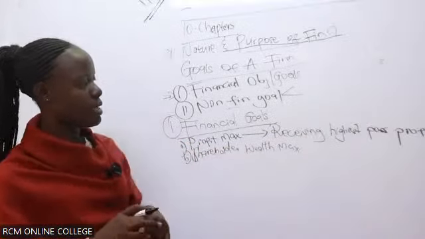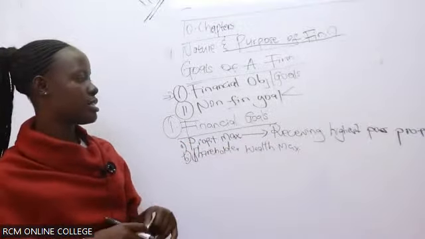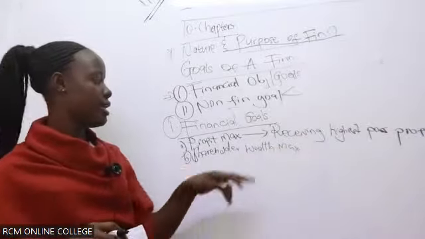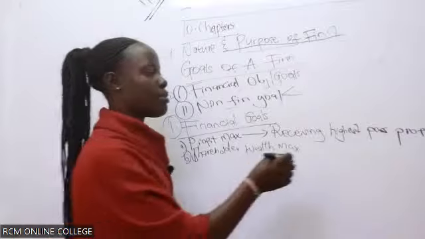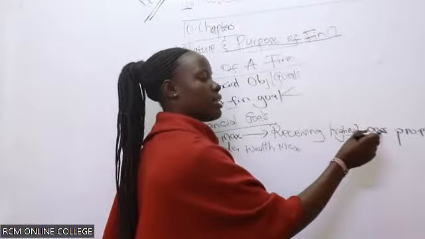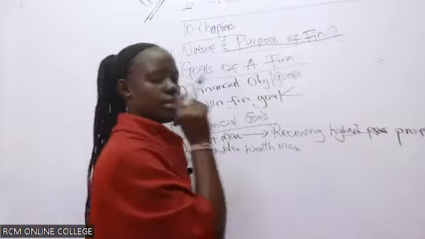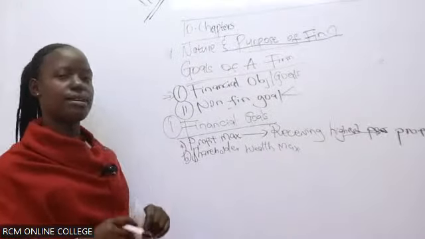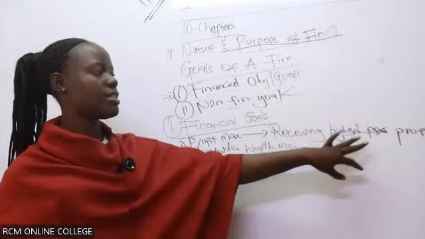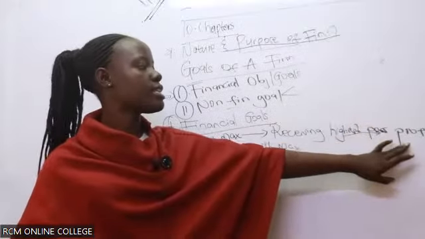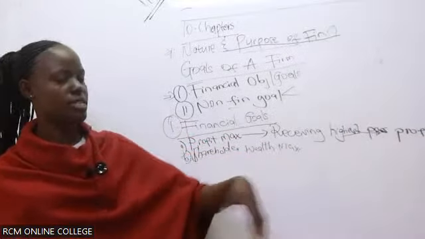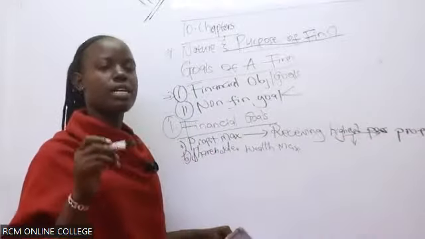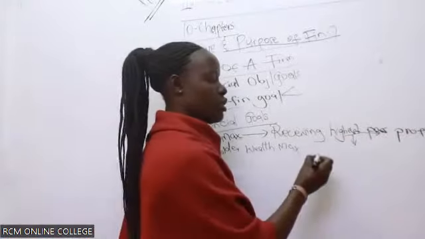And you can be asked, how can these finance managers be able to receive high profits? For them to receive high profits, what should finance managers do? You can say profit maximization is a process where the finance managers aim at receiving the highest possible profit, and this can be achieved by reducing the manufacturing cost.